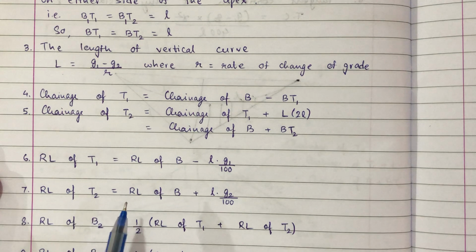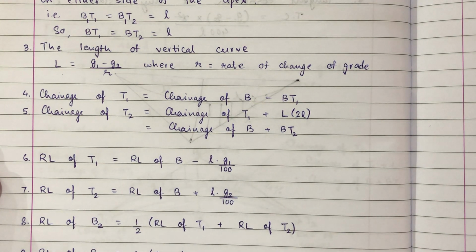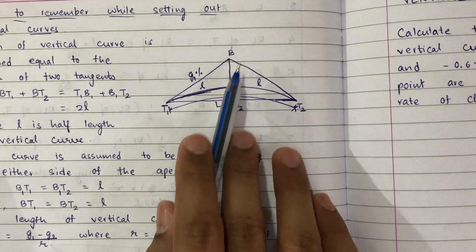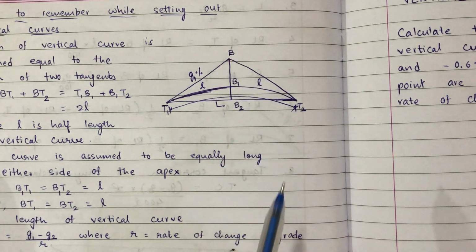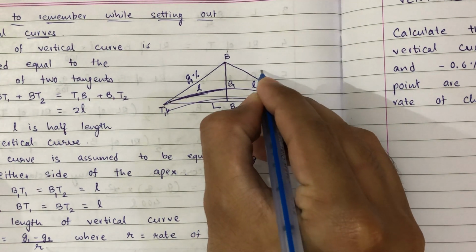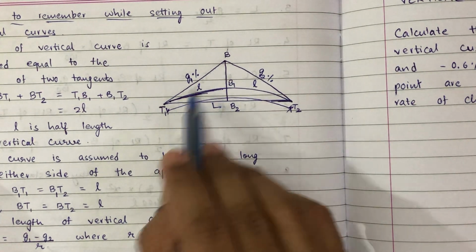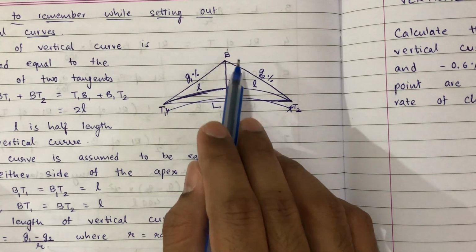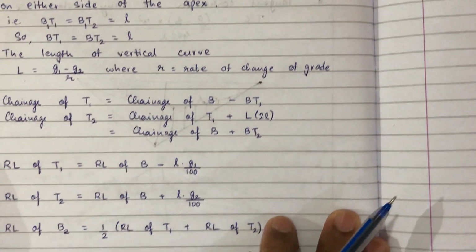Also RL of T2 will be equal to RL of B plus L into G2 by 100, where G2 is this gradient. Now as this gradient is going upwards, it will be plus. As this gradient is going downwards, it will be minus.